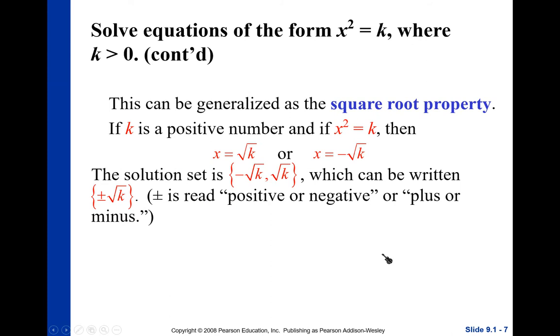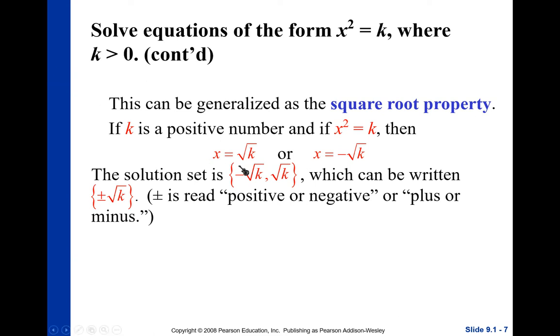Ito naman is solving equations of the form x squared is equal to k, where k is always greater than 0. Continuation lang to. Ang tawag dito ay square root property. If k is a positive number, and if x squared is equal to k, then ganito lamang siya.